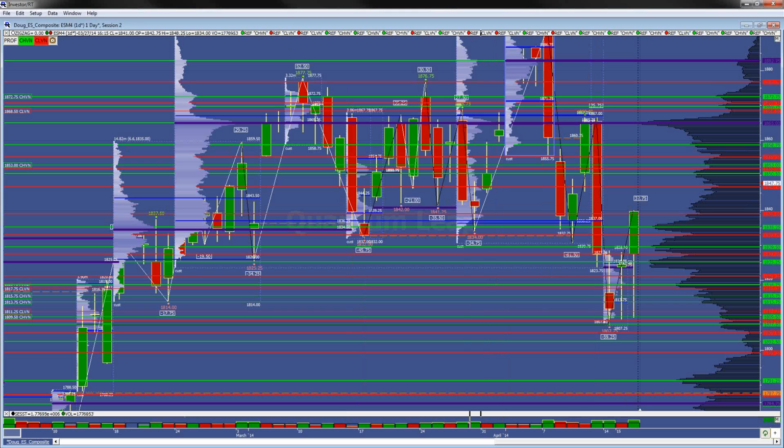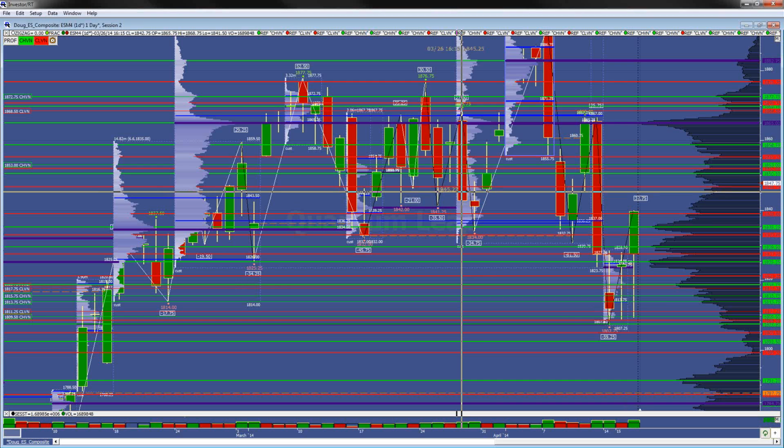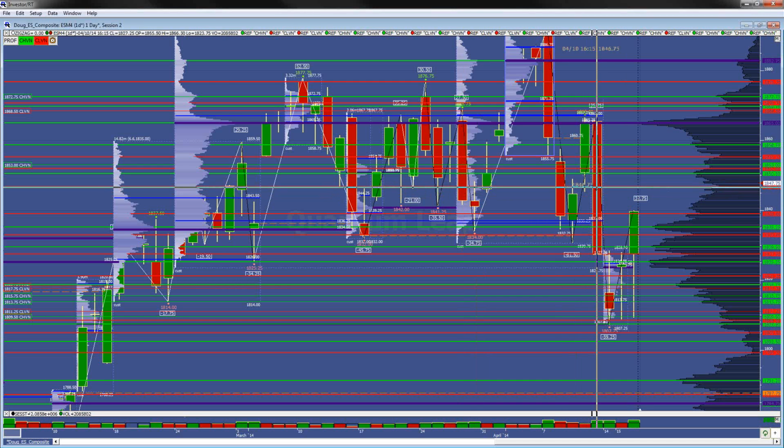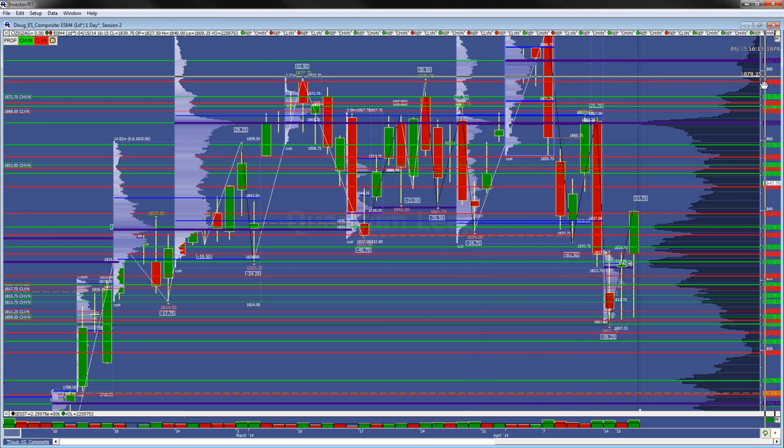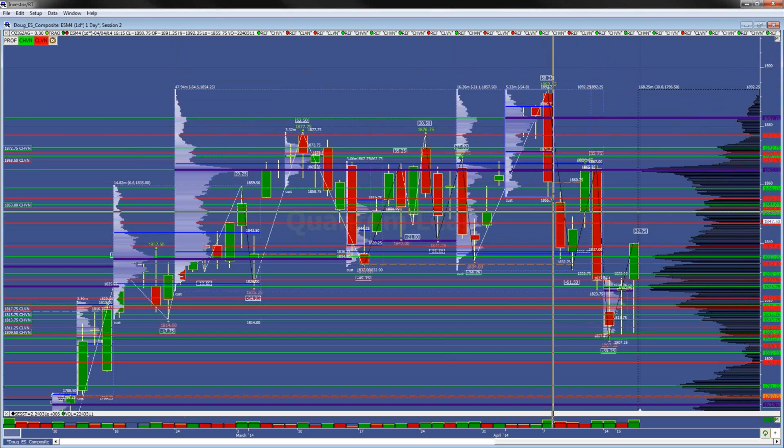I've also drawn another microcomposite between March the 26th and April the 10th. The reason I did this is I wanted to see where the overall value area was and where the microcomposite VPOC was. Did this battle match up with the larger overall battle?